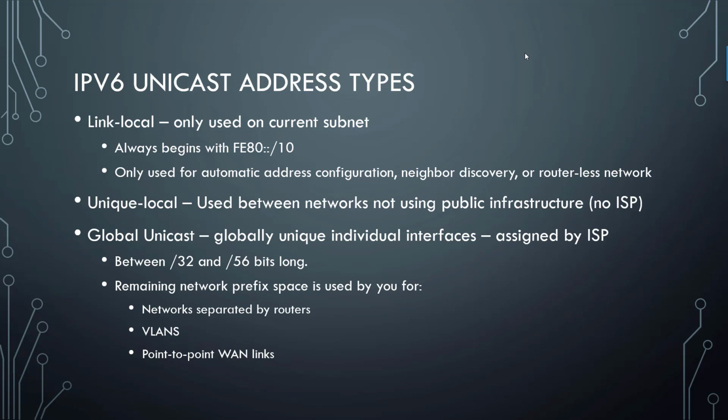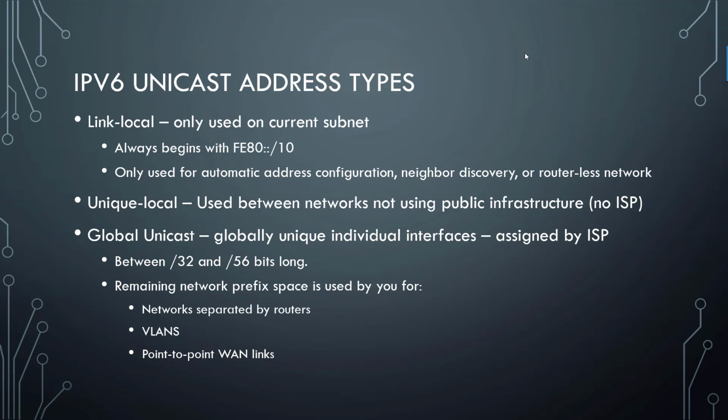A unique local is used between networks, not using public infrastructure. So this is an address that you can create for yourself, and it is only used on your network. It cannot leave your network because the ISP will reject a unique local address.